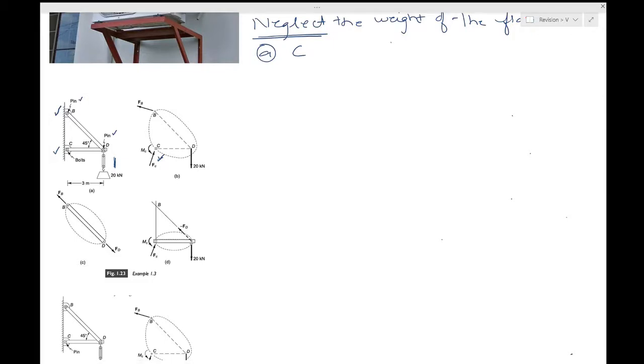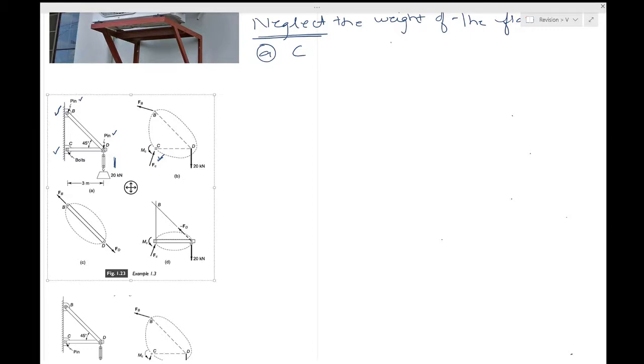So this is how we have said that Fc lies in the plane, and then there is a moment Mc which we have taken over here, and the purpose of this moment is that it does not allow a free rotation.